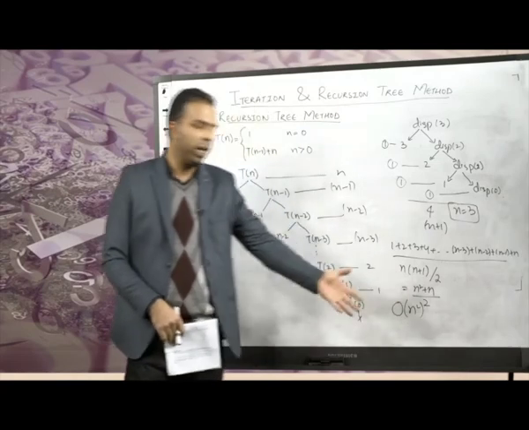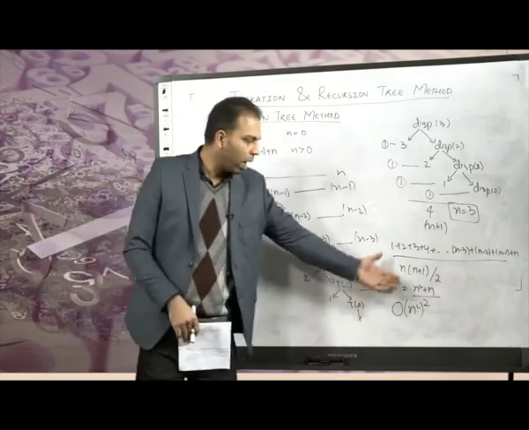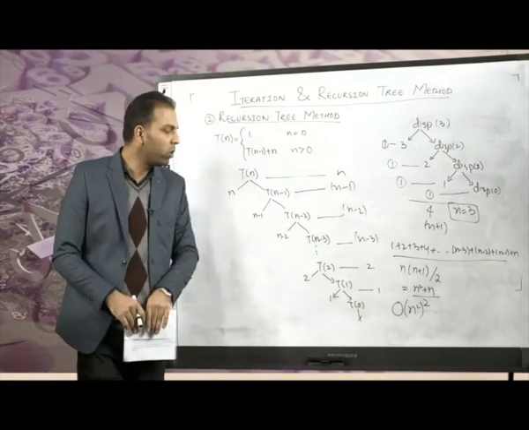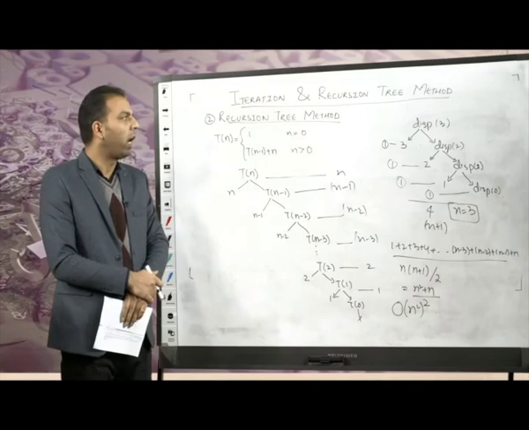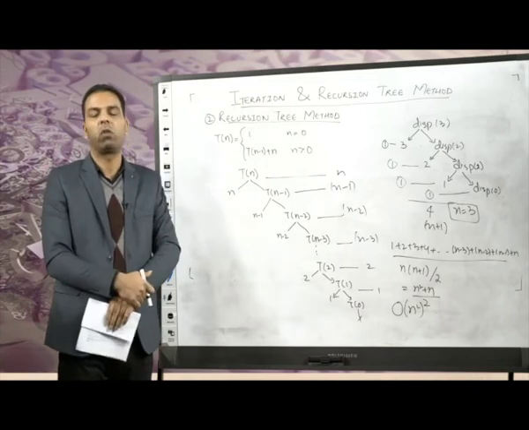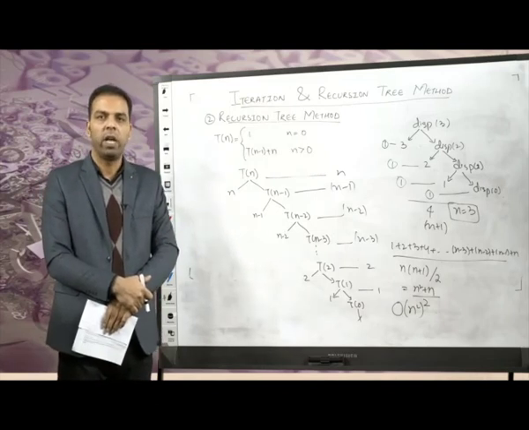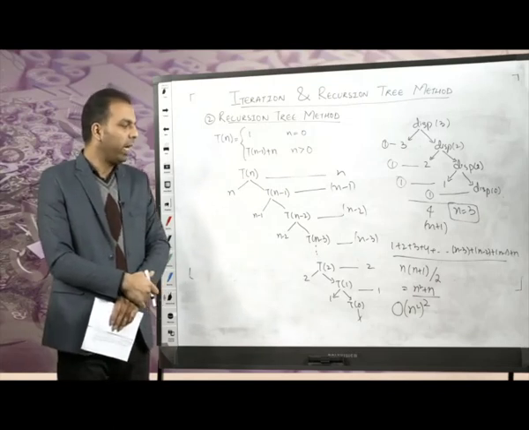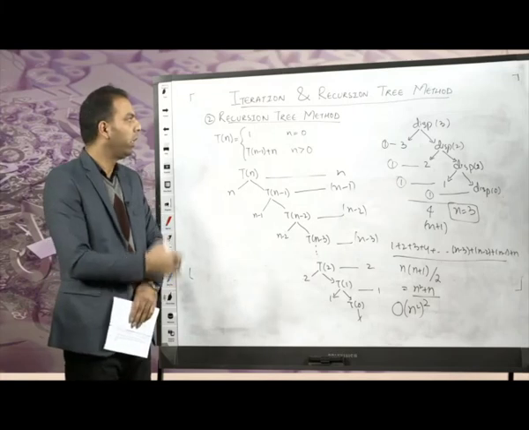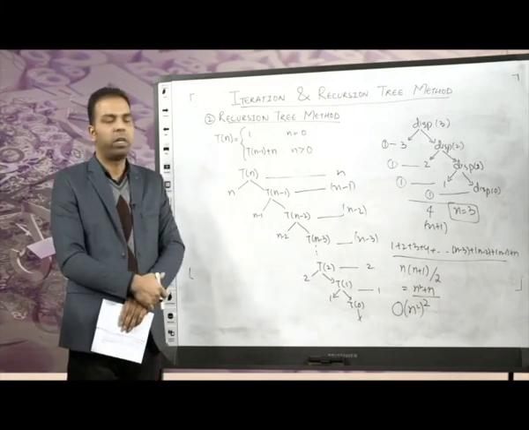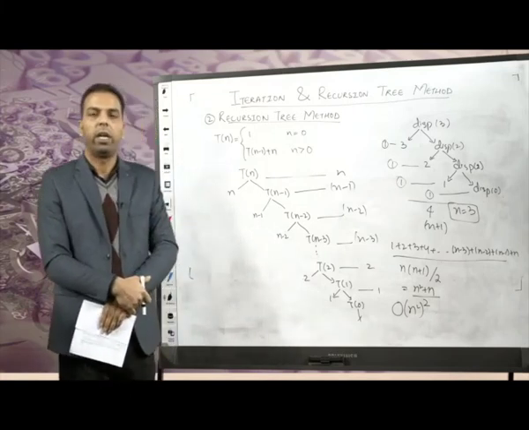From that equation, we'll take the higher order term for your big O. In this case, it was order of n square. So this finishes our 3 methods for solving your recurrences. And now we'll be solving some examples with these 2 methods, especially iteration and recursion tree method, in coming lectures.